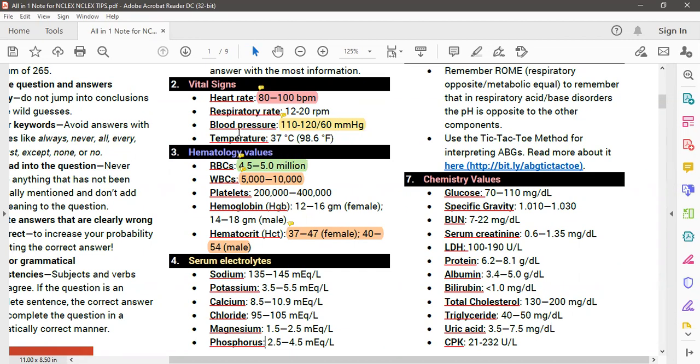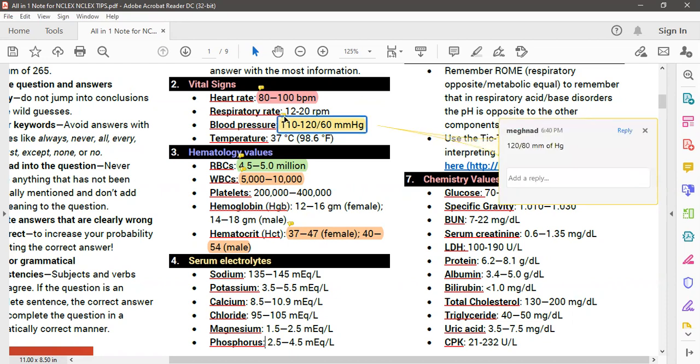And blood pressure normally, systolic is 110 to 120, and diastolic blood pressure is 60 millimeters of mercury, but the average one is 120 over 80.